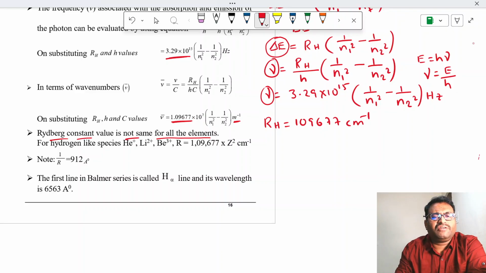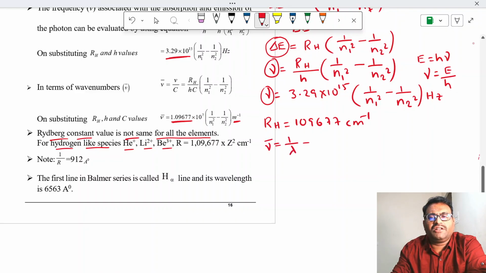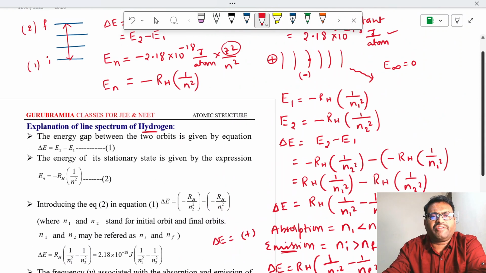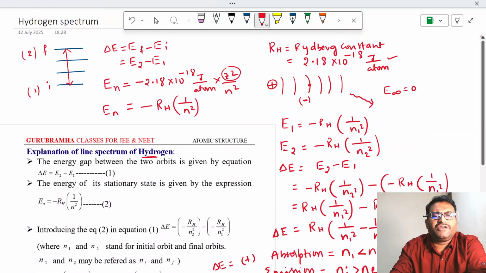It is not the same for all the elements. For hydrogen-like species, already we have studied that in another way you can write, for other species, nu bar is equal to 1 by lambda, which is written as RH into Z square into 1 by n1 square minus 1 by n2 square. This will be the formula. Why are we adding Z square? In the starting part, there is a Z square here, you see.